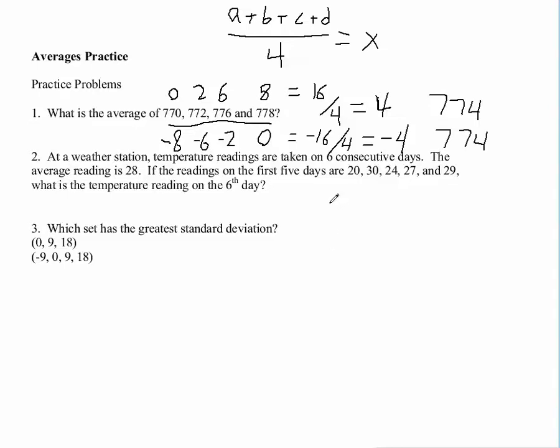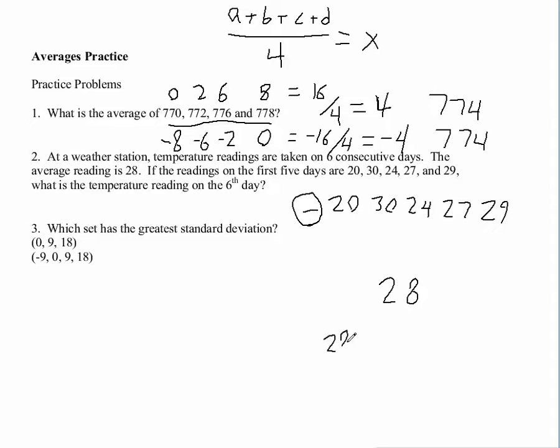Again, rather than ask you to work it, I'll just demonstrate it. We've got 5 temperature readings across the 6 days, and we know that the average temperature reading is 28 degrees. So how can we find out what the 6th temperature reading is?